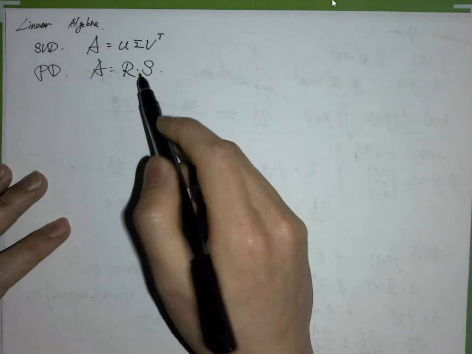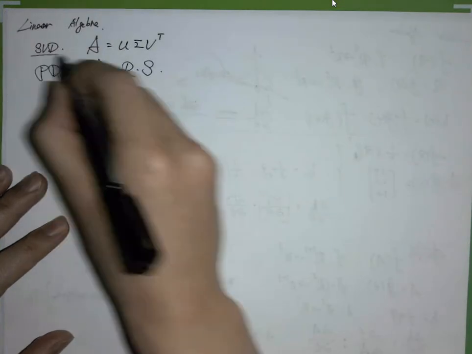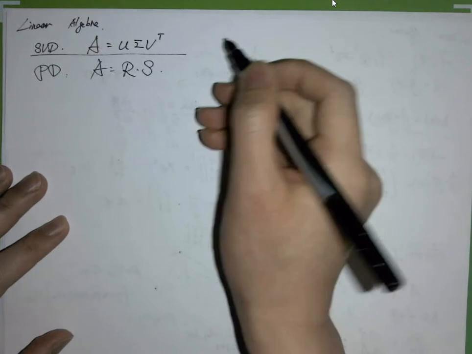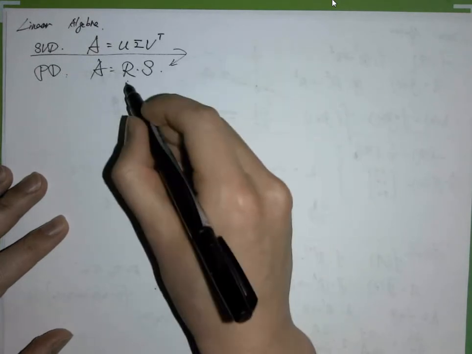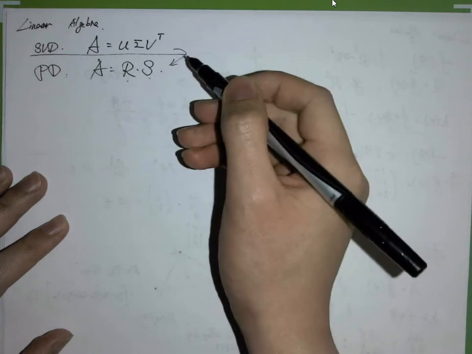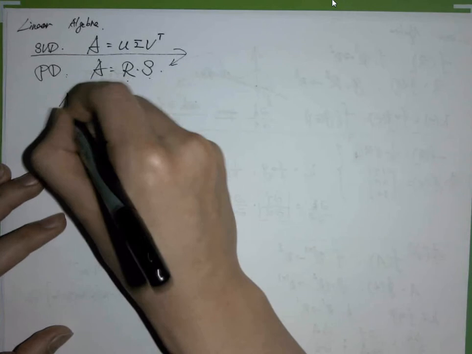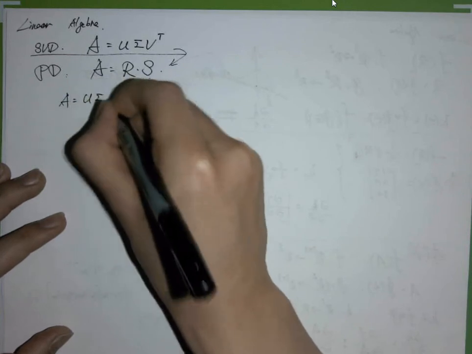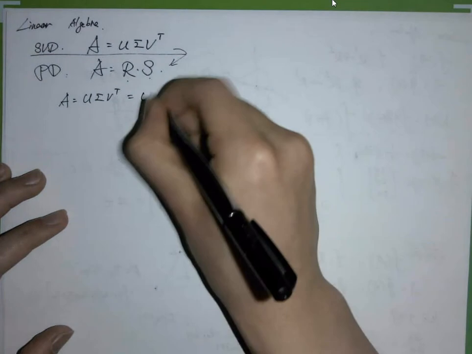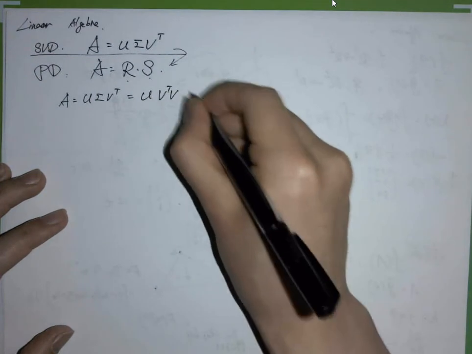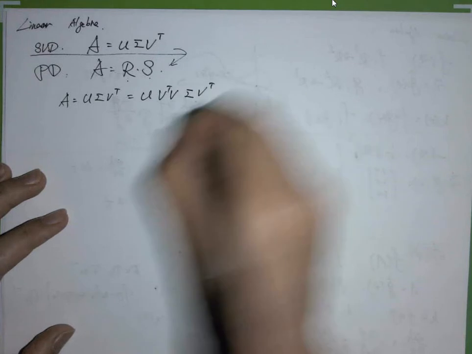So one thing that I want to mention is it is really easy for us to use singular value decomposition as a tool to compute the best fit rotation R and the symmetric part S for the polar decomposition. Because once you write down A equals to U sigma V transpose, I can snap a V transpose V inside, because V is an orthogonal matrix, and I can simply snap this identity matrix inside.